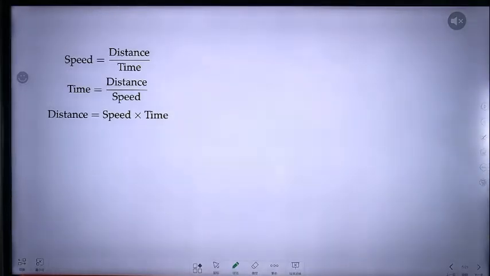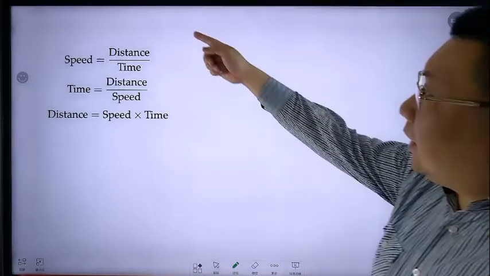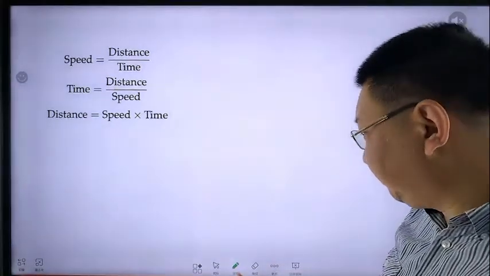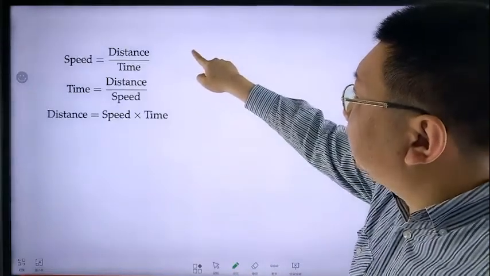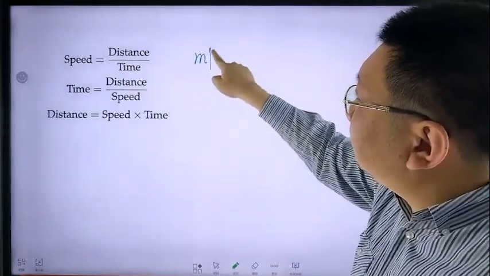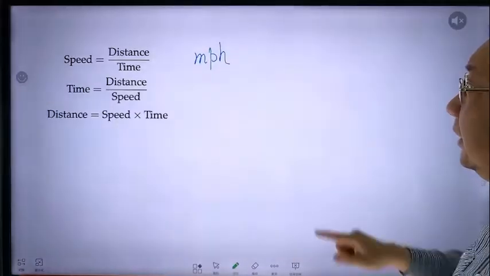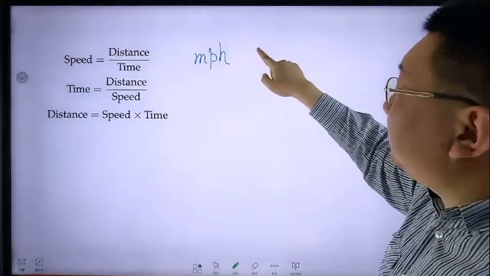Why do I mention physics? Because when we're talking about physics, one basic, very important thing is the unit. So here, how do we describe the speed? Normally, I think in the US we use miles per hour, right? That is the abbreviation for the expression.